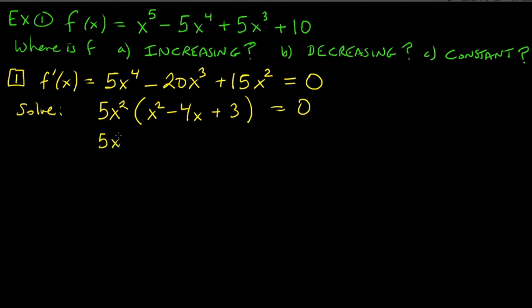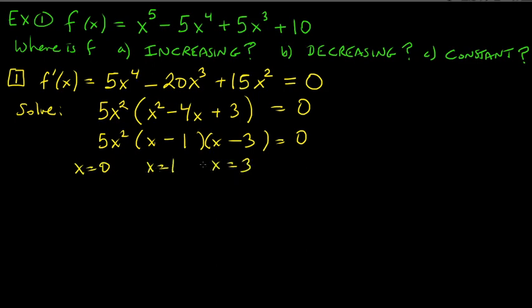We're going to keep factoring. This x squared minus 4x plus 3 should be factorable as, I think, x minus 1, x minus 3. Right? So negative 1 plus negative 3 is negative 4. Negative 1 times negative 3 is positive 3. So what are the solutions? Well, there's going to be x equals 0, x equals 1, and x equals 3.